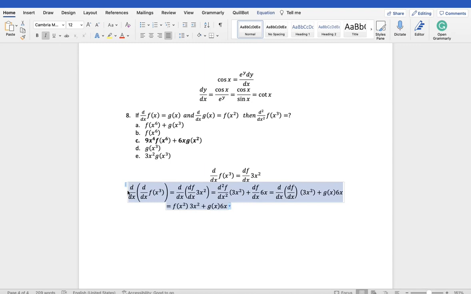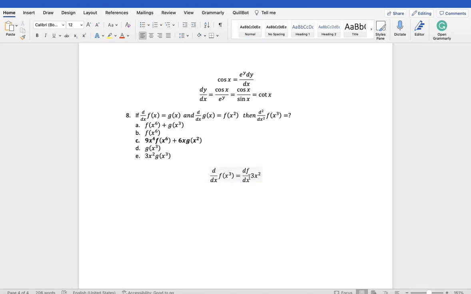Let's erase all of this. You're trying to find the derivative, right? Let me erase this as well. You're trying to find the second derivative of f of x cubed, right?